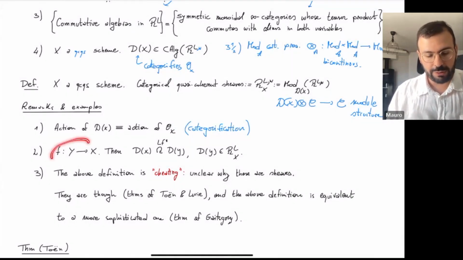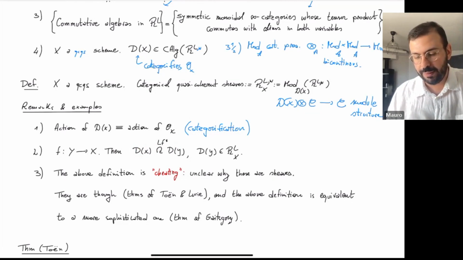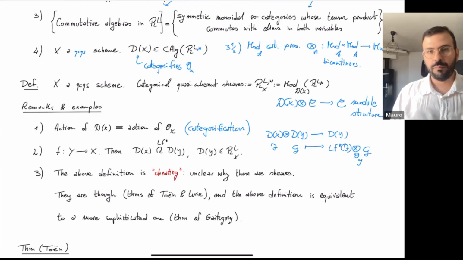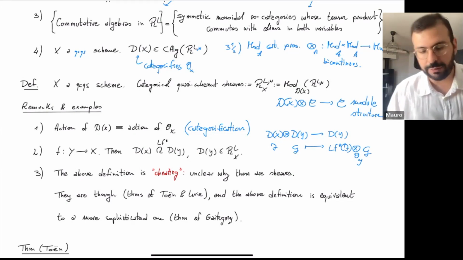To see examples, let's just take a map of schemes, Y to X. Then by pullback, we can tensor any sheaf on X with a sheaf on Y. So if I have to write explicitly the operation that gives the module structure, it's like this. We take some sheaf F on X, we take some sheaf G on Y, and we send it to Lf upper star of F, tensor over O_Y with G. And so this gives a module structure.